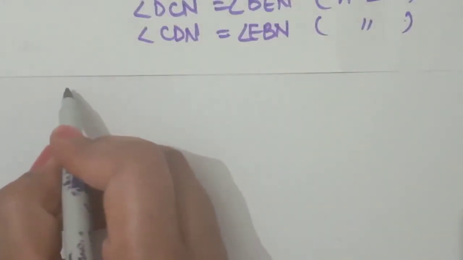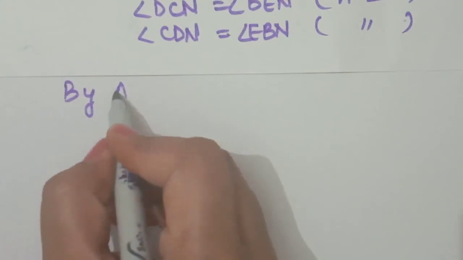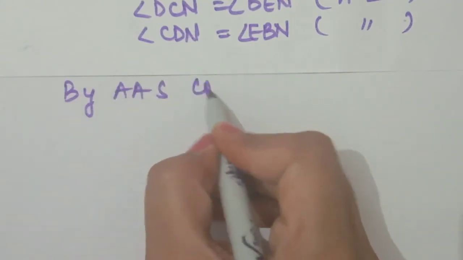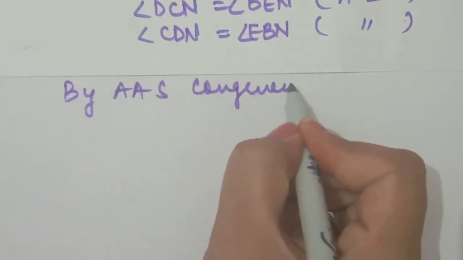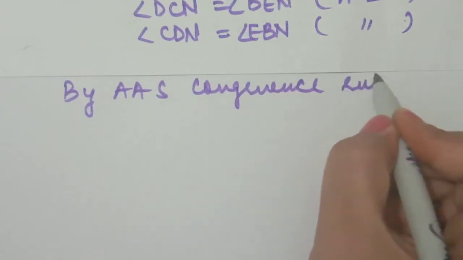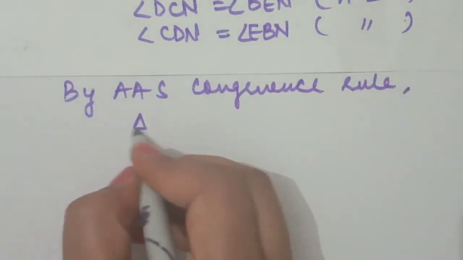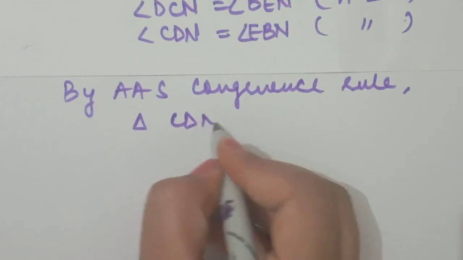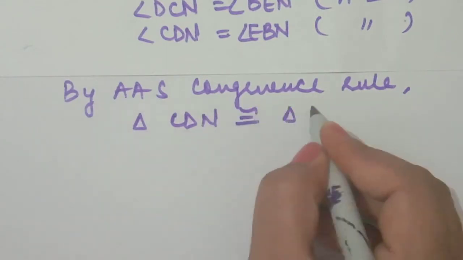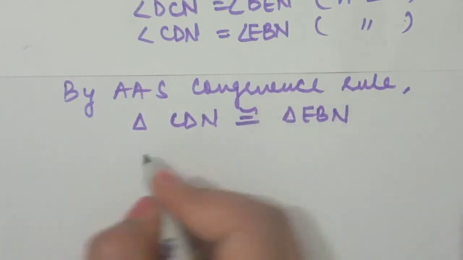So students, by the AAS congruence rule, we have triangle CDN congruent to triangle EBN.